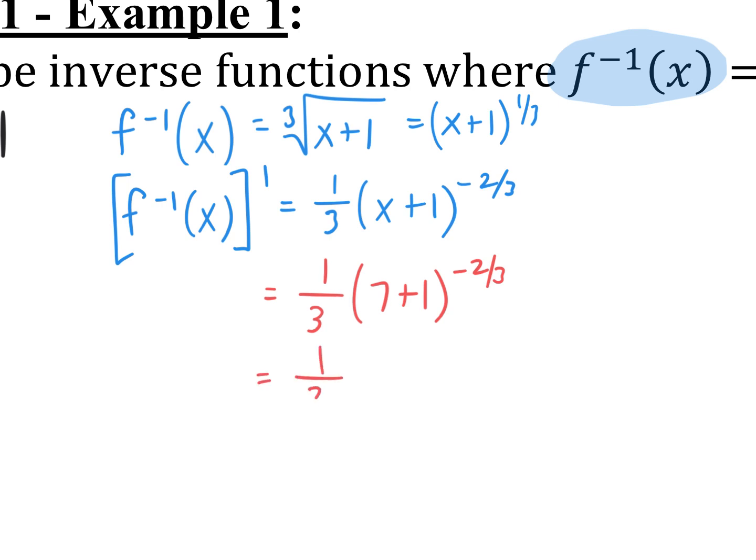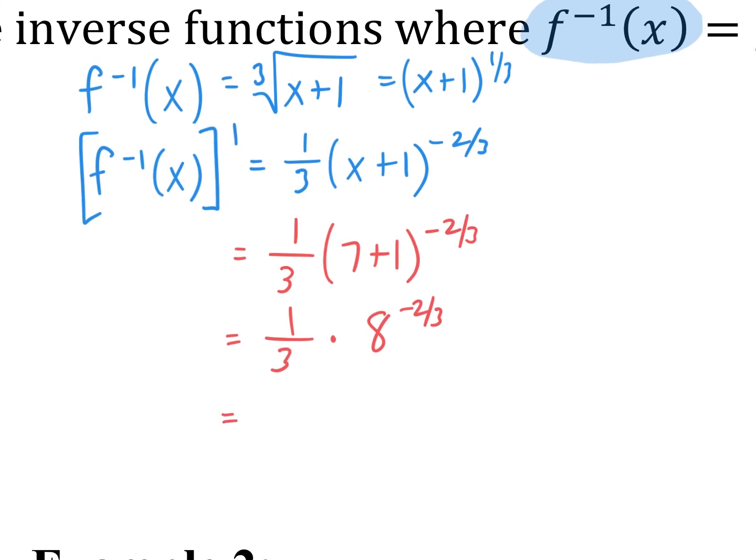Which is the same as 1/3 times 8 to the negative 2/3 power. Which is the same as 1/3 times 1 over the cube root of 8 squared, right, in the denominator. So this would equal 1/3 times, what's the cube root of 8? 2, and then 2 squared would be 4.